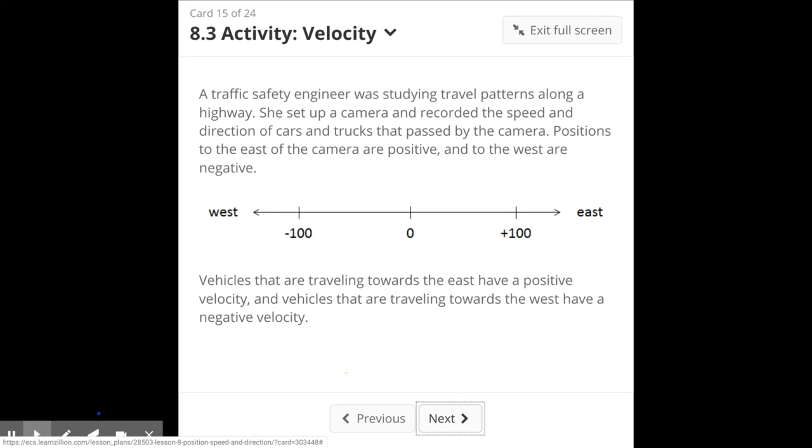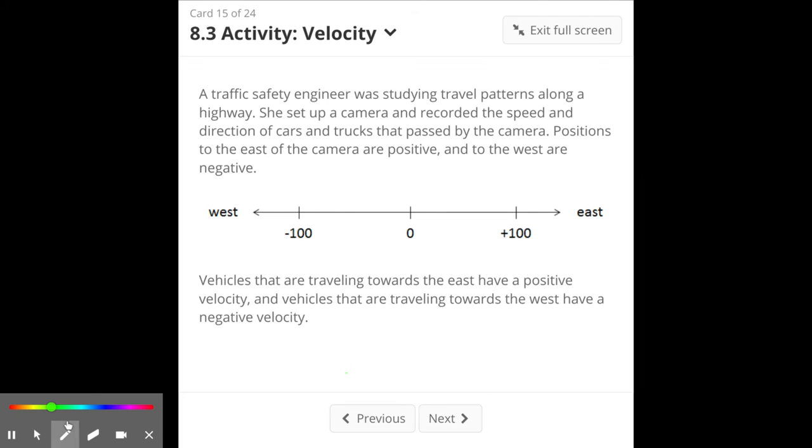All right, so for this one, it's very similar. We have a traffic safety engineer that's studying travel patterns along a highway. She set up a camera and recorded the speed and direction of cars and trucks that passed by the camera. Positions to the east of the camera are positive. Positions to the west are negative.